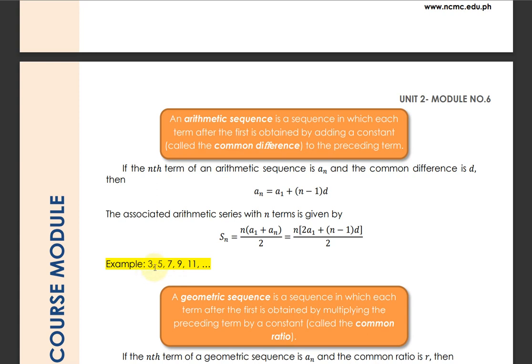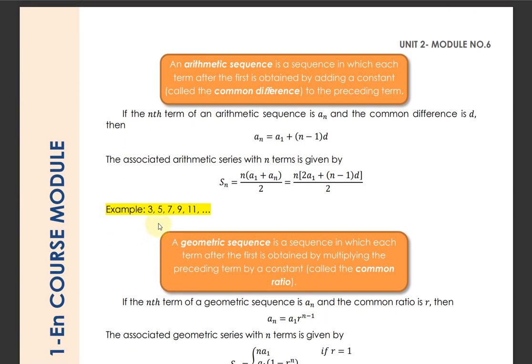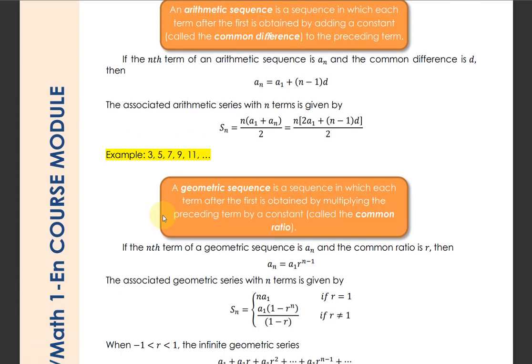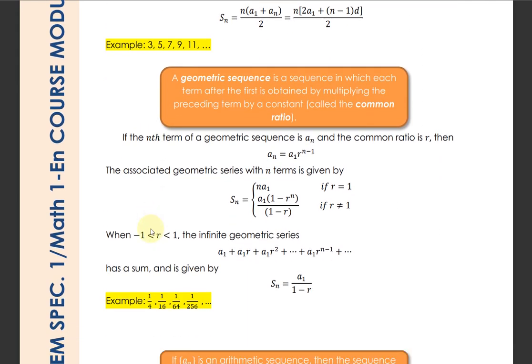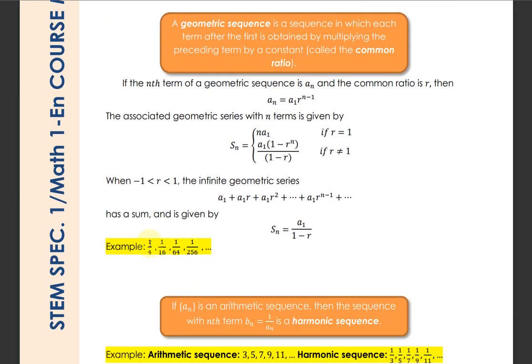So their common difference is 2, meaning you add 2 to a number to get the next number. So 3 plus 2 is 5, then 5 plus 2 is 7, then 7 plus 2 is 9.